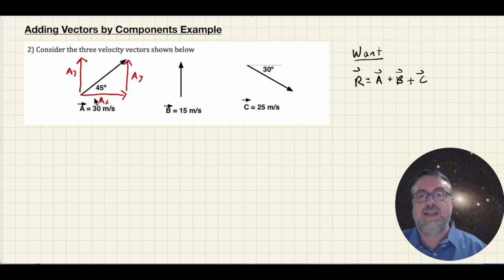When we talk about projectile motion or forces, the x and y vectors have the same starting place as the vector. But what we're doing is moving the vector tip to tail to add it together to complete our right triangle. So I'm going to do the same with vector C.